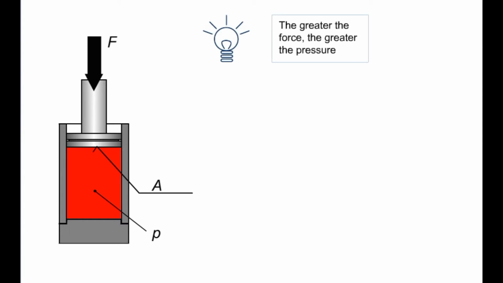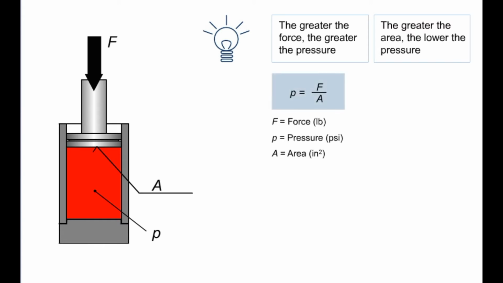The amount of pressure, P, in the enclosed liquid depends on the applied force, F, and on the surface area, A, of the piston. It is independent of the amount of liquid, the size or shape of the container, or the type of liquid. It stands to reason that the greater the applied force, the greater the resulting pressure. Any increase in the surface area to which the force is applied will bring about a reduction in the pressure.